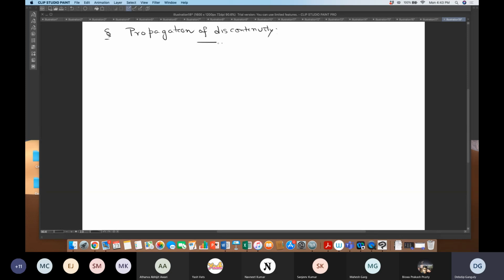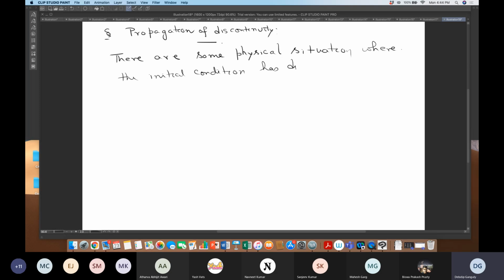There are some physical situations where the initial condition, the function h, has a discontinuity.